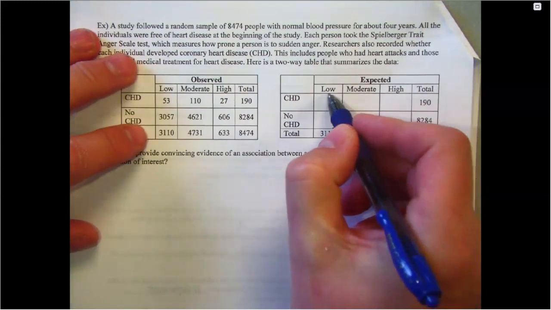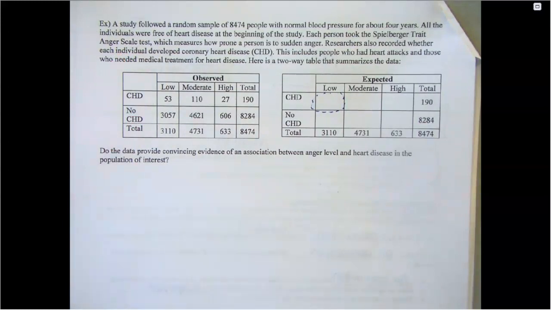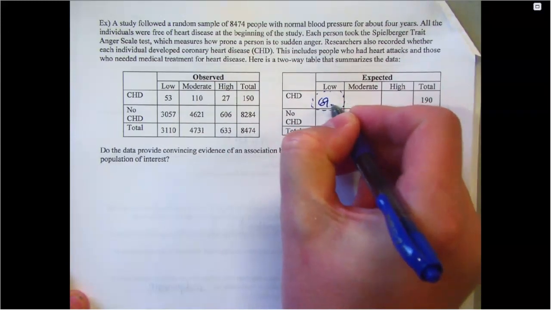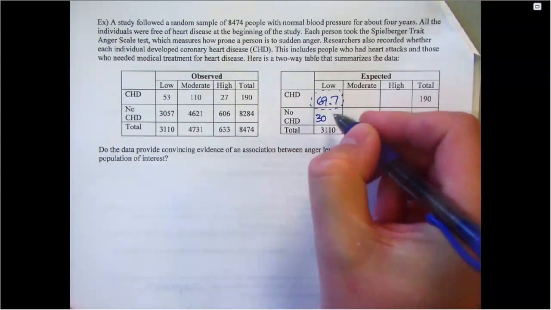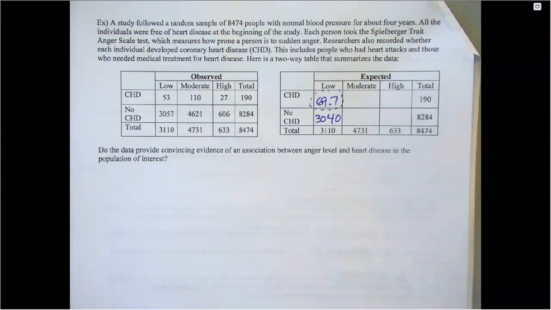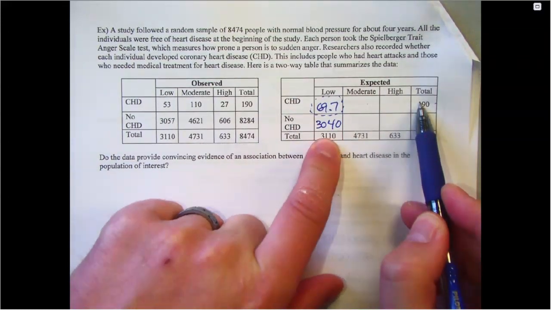But before we do that, see if you can find the expected value that goes right there, low CHD. Remember that from yesterday. Do you remember how to do that? That's the row total. So this one here would be 190 times 3110.